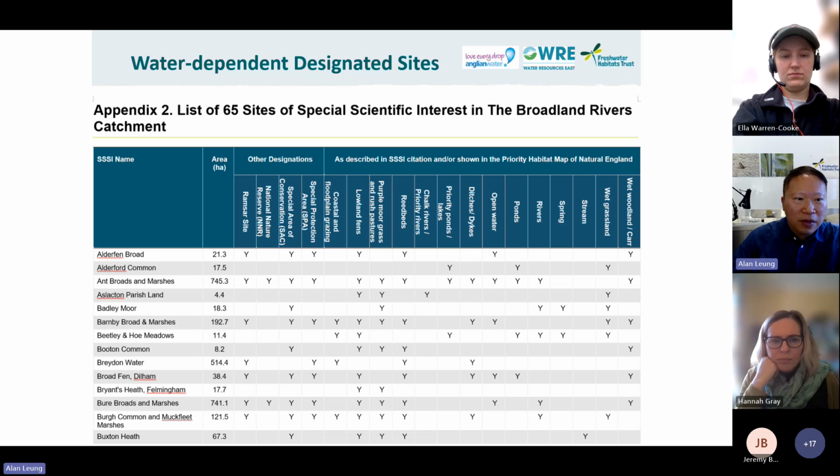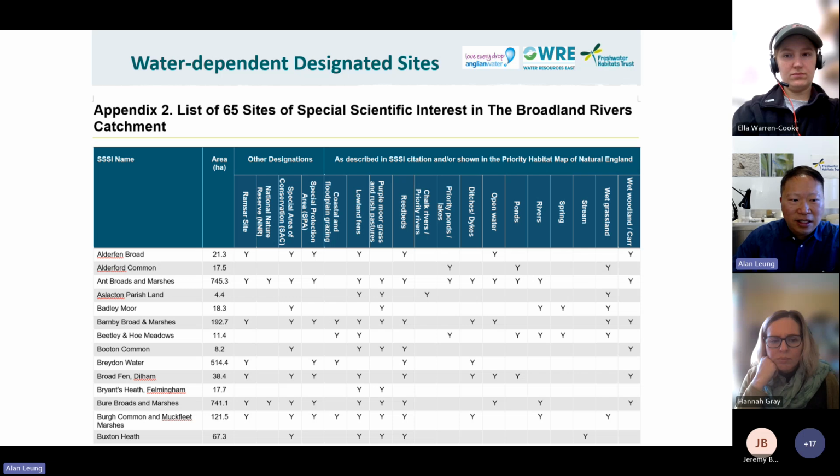For the entire catchment, there are more than 100 SSSIs, but we excluded those sites that are, for example, only important for geological reasons.